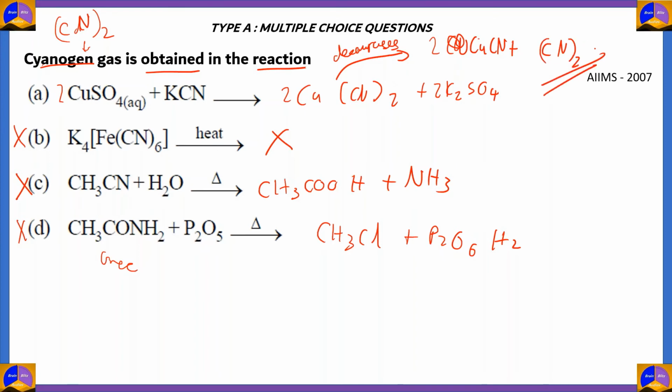And the (CN)2 is cyanogen gas. So option A is the right option. It's from the decomposition of the unstable cupric cyanide, copper(II) cyanide, that we get cyanogen gas. So option A is the right option.